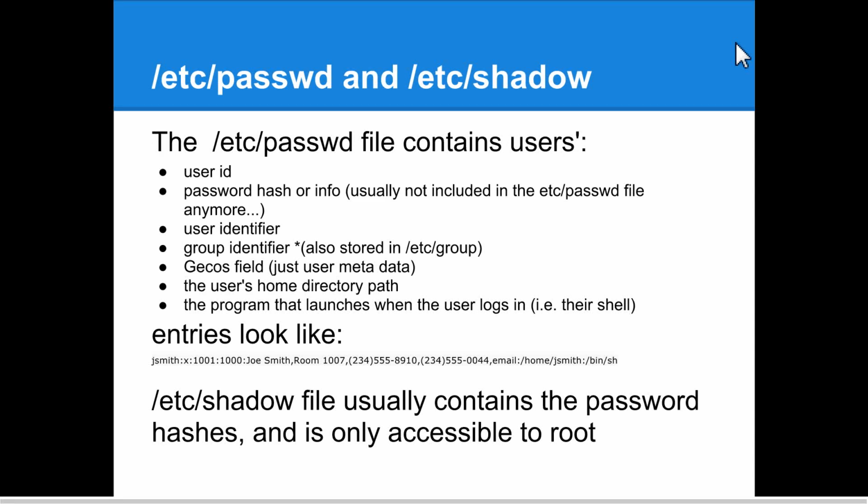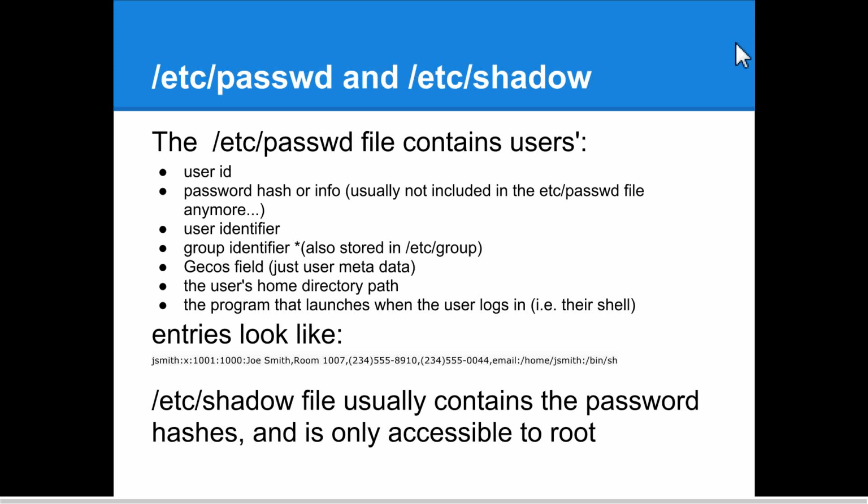These are important: /etc/passwd and /etc/shadow. /etc/passwd contains basically login information and metadata about the user. It contains the user's ID for logging in. Password hashes can be stored here, though they are usually not stored here, and they're stored in the /etc/shadow file. I'll get to that.